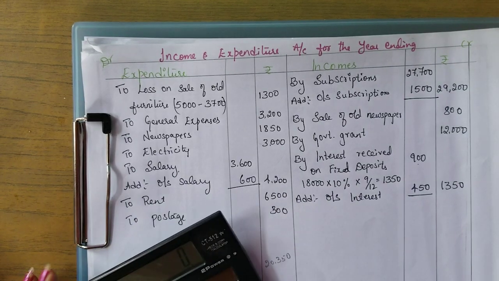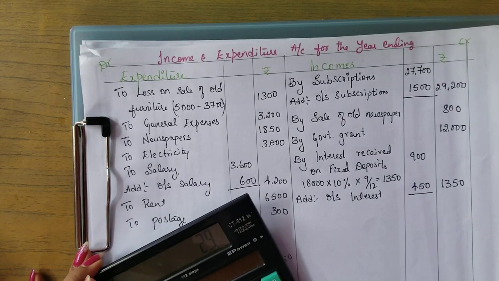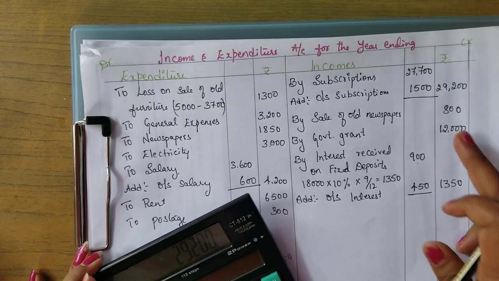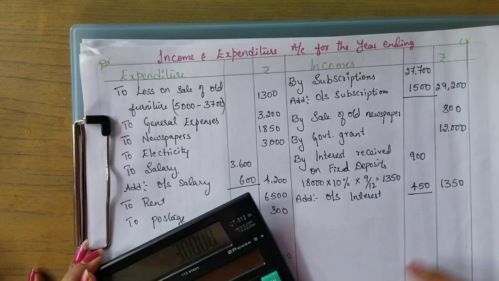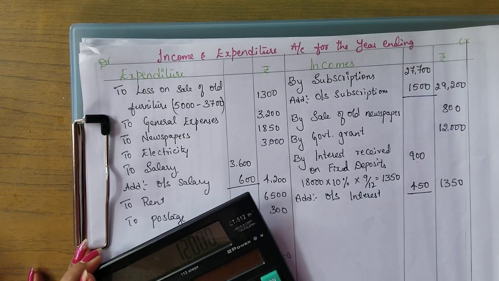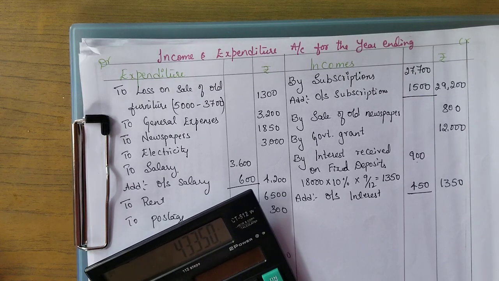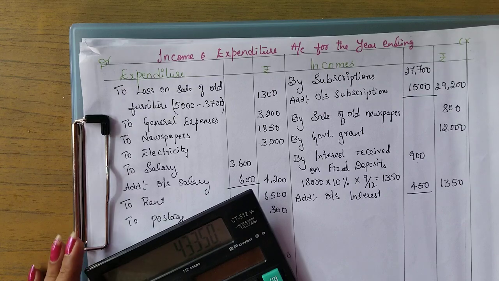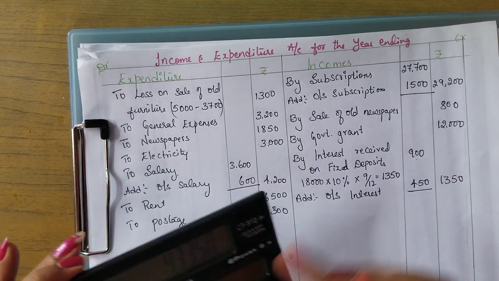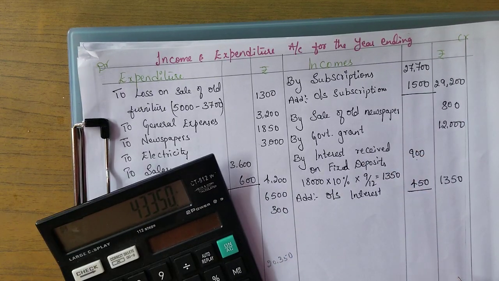Let me see the incomes. 29,200 plus 800 plus 12,000 plus 1,350. So we are getting 43,350. So income side is highest, 43,350.